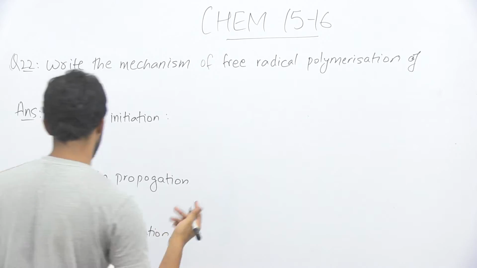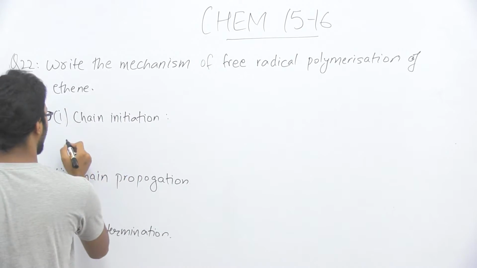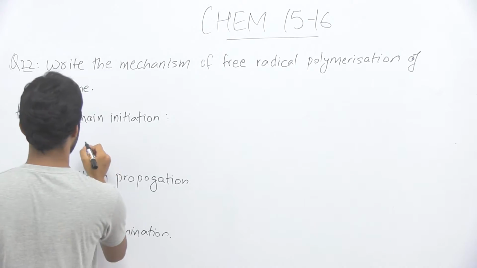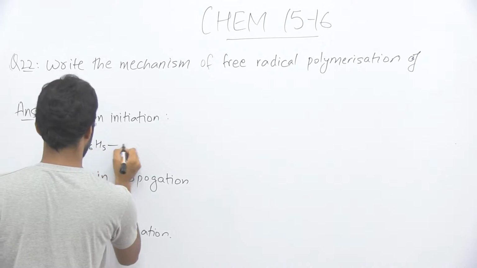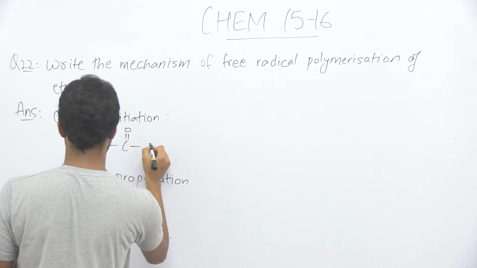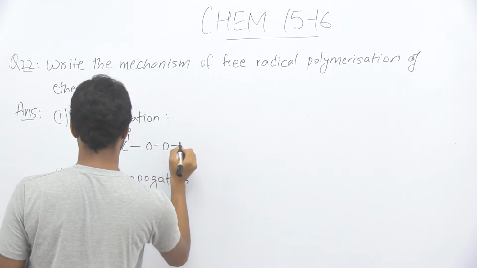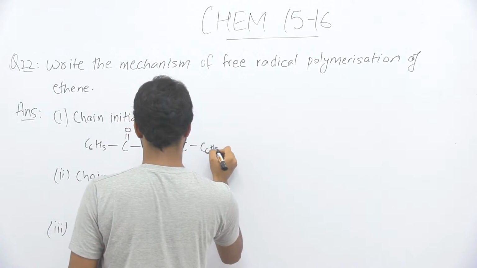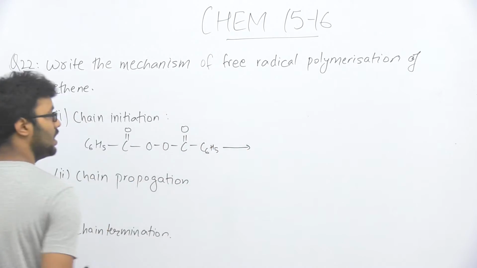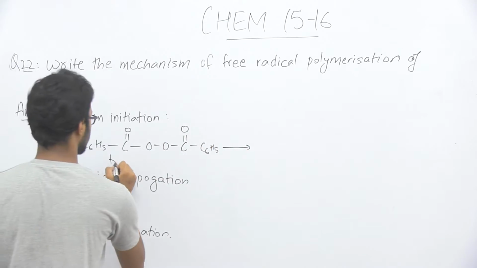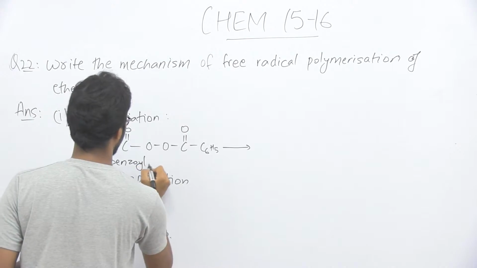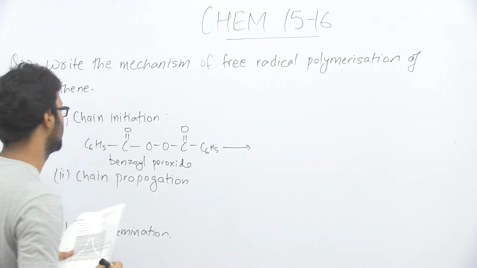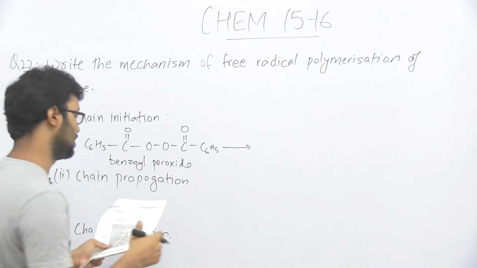In the chain initiation step, basically we have benzoyl peroxide, which is the initiator. Benzoyl peroxide is C6H5. So it is the initiator, and it generates the free radical which initiates.